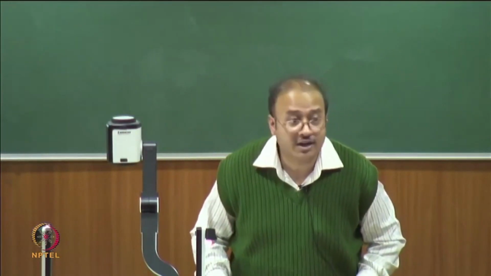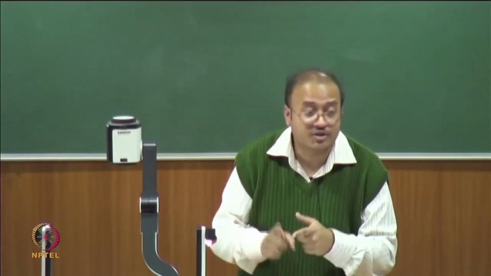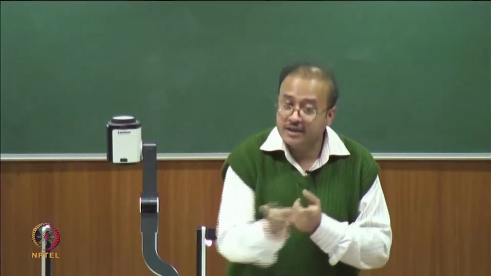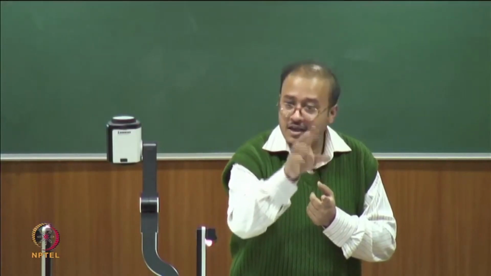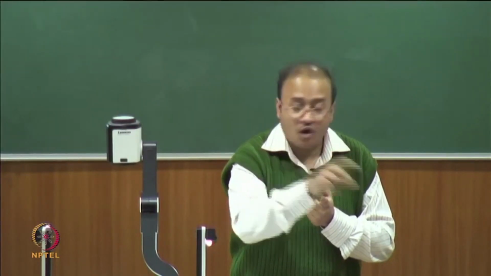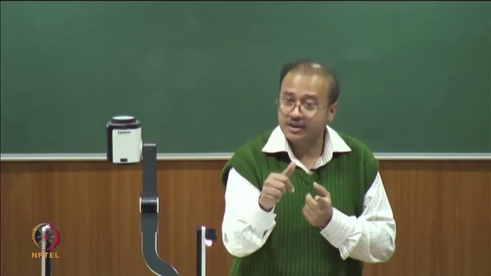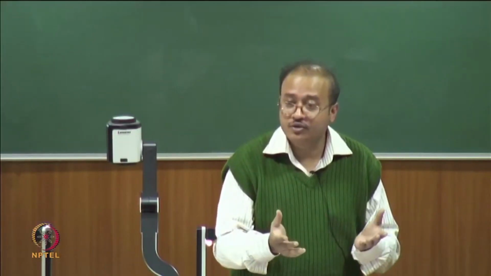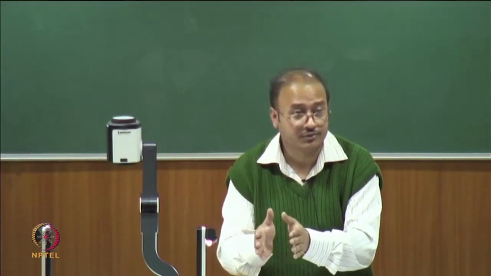What I am trying to get is the collisions over the whole area. Your flux is defined as the number of particles, C A delta x over A times delta t, where delta t is your per second. So to get the total number of collisions, I have to multiply your flux by the surface area.